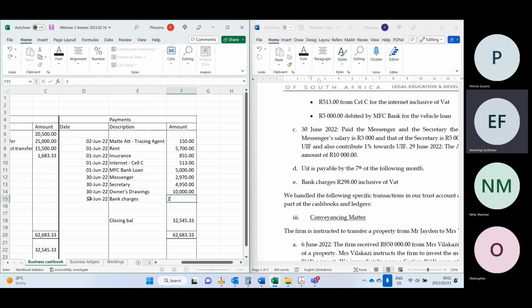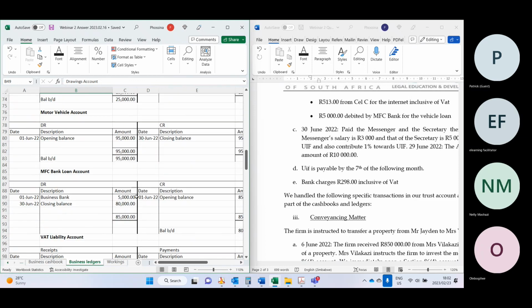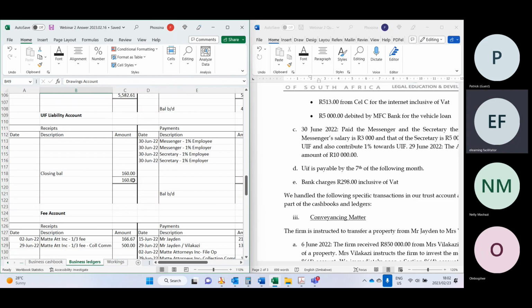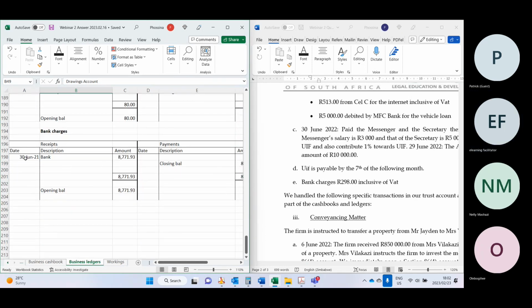How much is that? 298. And we go to our ledgers. It has an element of VAT. Where we are told that there's VAT, we go to our expense. So our bank charge, we record it, which is 298.